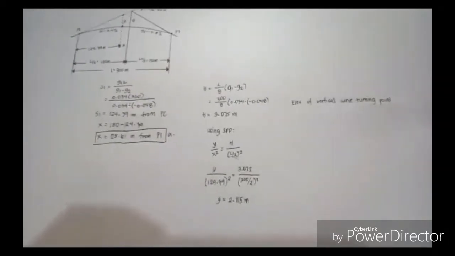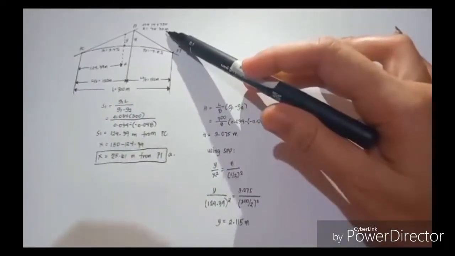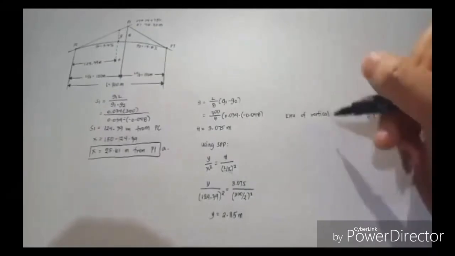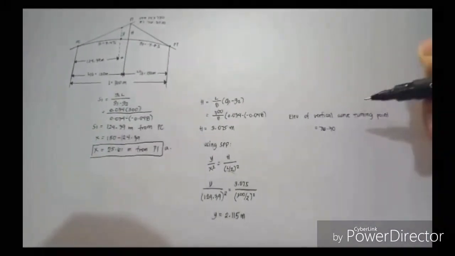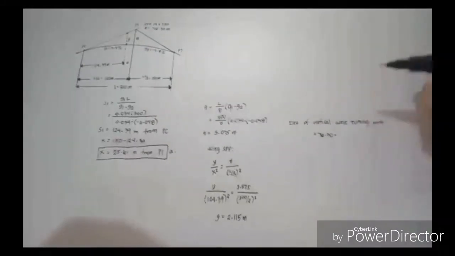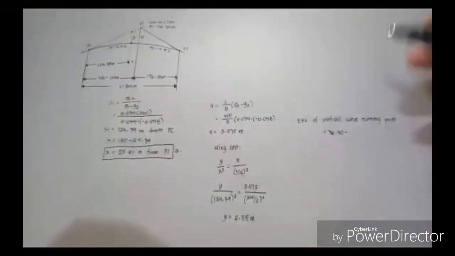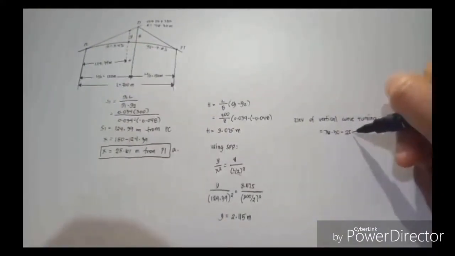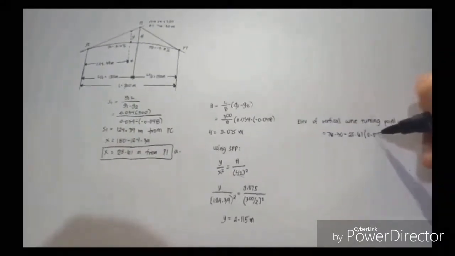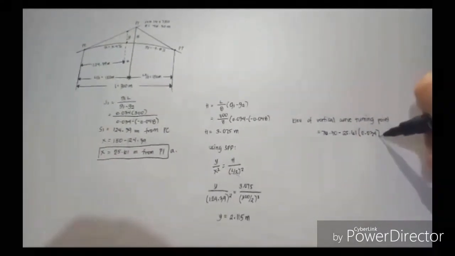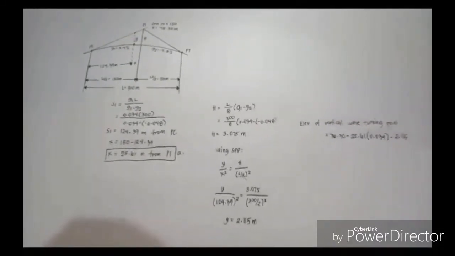So, may yung elevation ng ano natin, PI is 76.30. So, 76.30 minus yung x natin, which is 25.61, times G1, which is 0.034, minus 2.115.